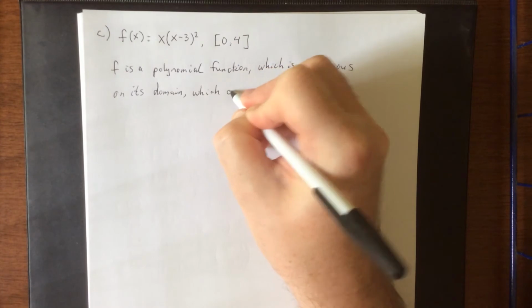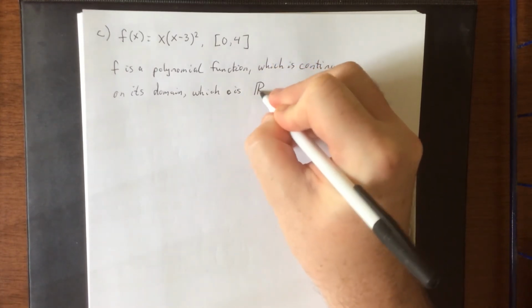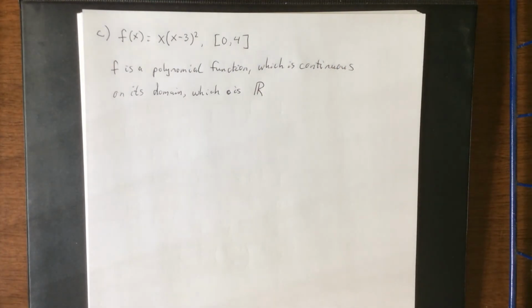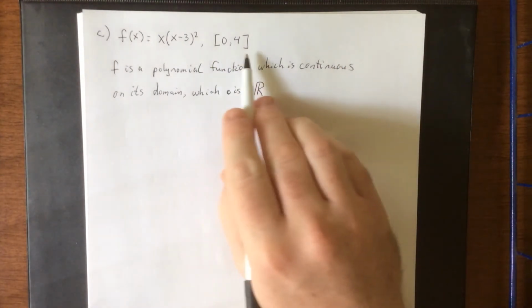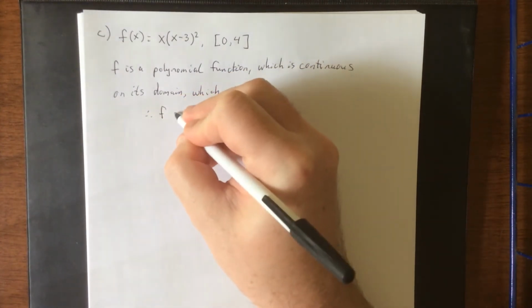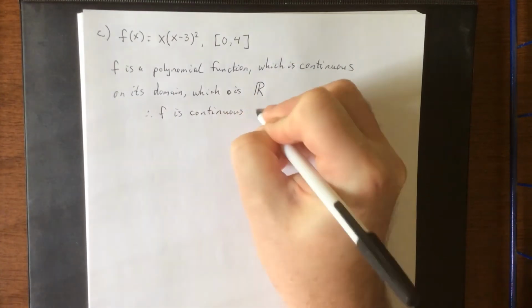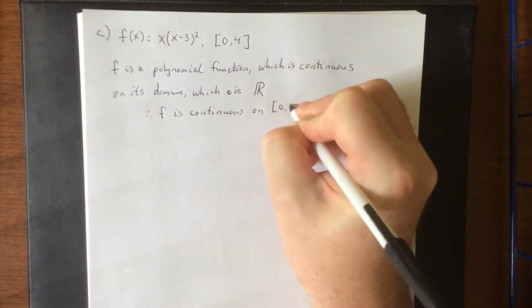And the domain of any polynomial function is all real numbers. So given that the domain is all real numbers, we can have basically any closed interval in here, and that'll work out just fine. So f is continuous on the closed interval from 0 to 4.